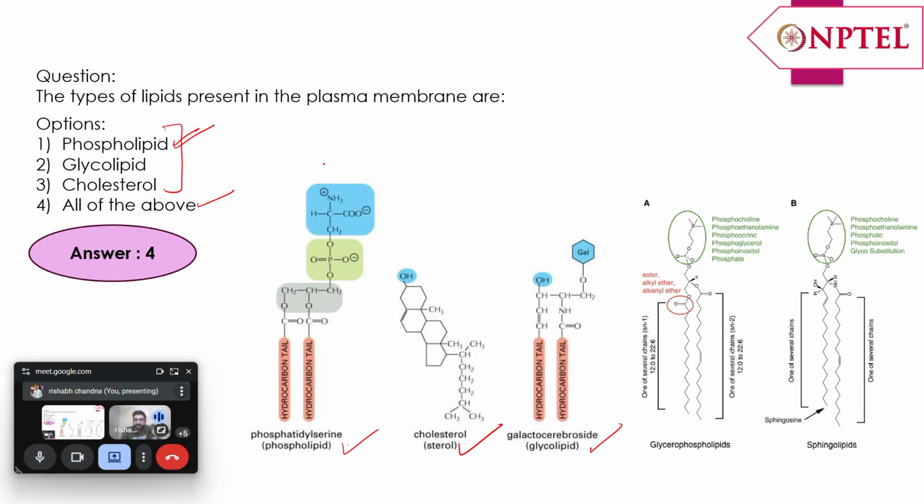This is the major category, which acquires around 60% of the composition. Around 10% is this, and the remaining 30% goes to the glycolipids. Okay, so this is how this is arranged in a plasma membrane.